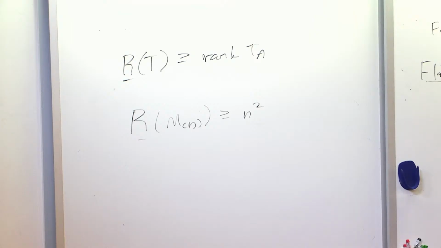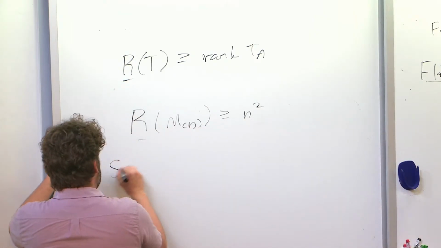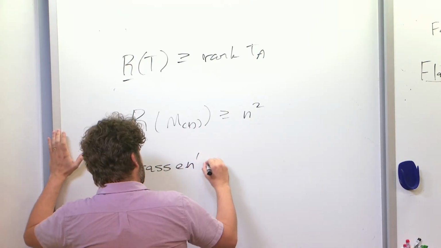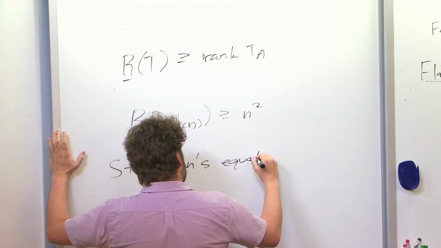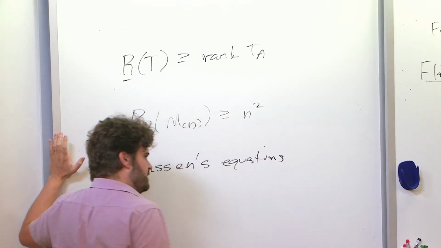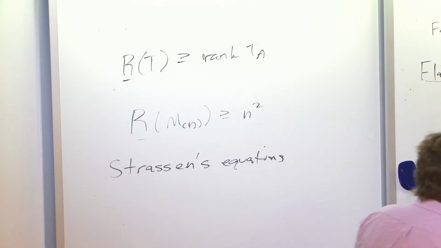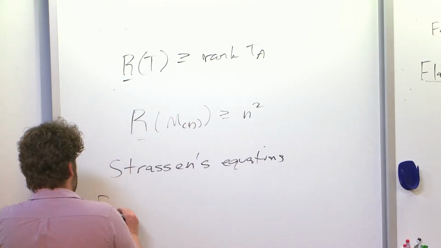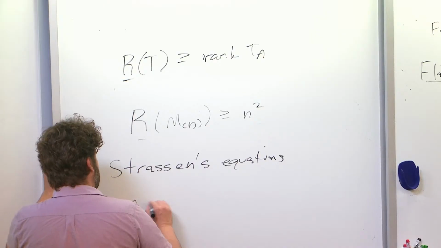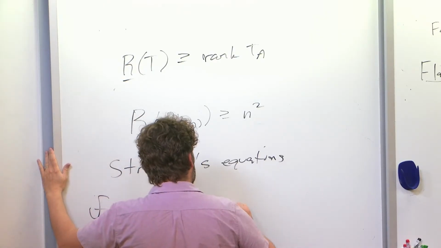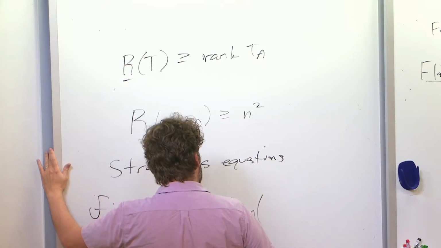How do we go further? Well, let's look for a different flattening method, which is, I guess, equivalent to Strassen's equations. But I want to write them in a suggestive way, and it is an explicit flattening. The flattening here is going to take tensors to a space of matrices. And what is it going to be?